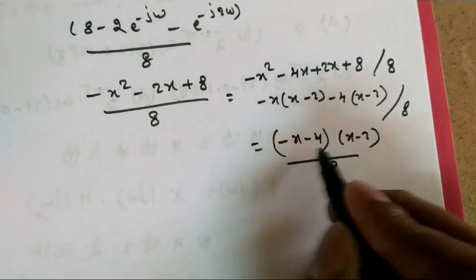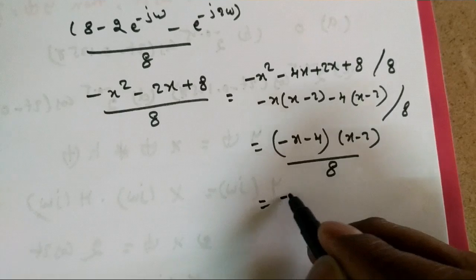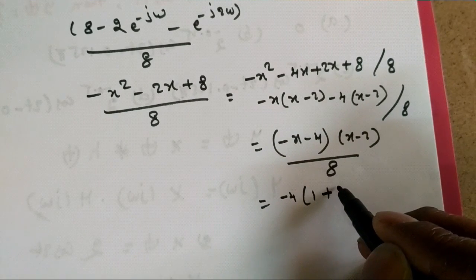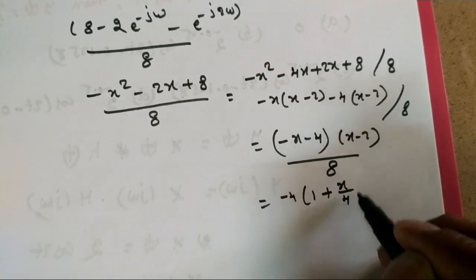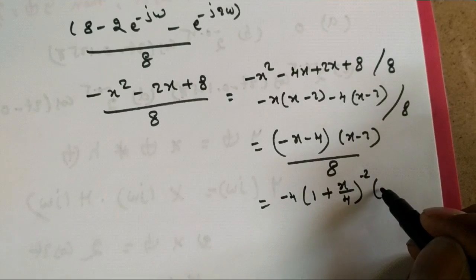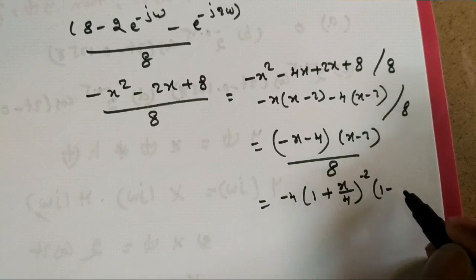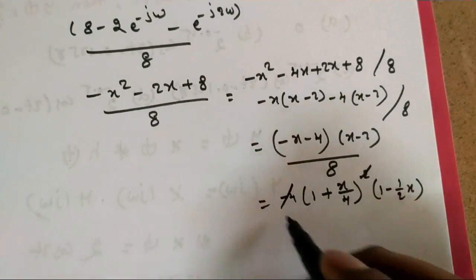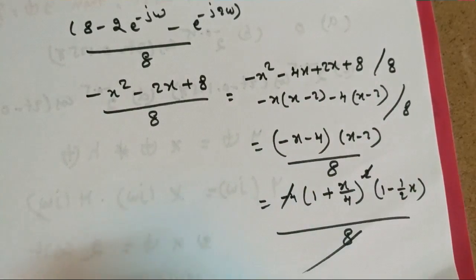So now take minus 4 common, so it will become 1 plus x by 4, into, if I take minus 2 common here, it will become 1 minus 1 by 2 x, right? So minus 4 times minus 2 is 8, and it will be cancelled by the 8.